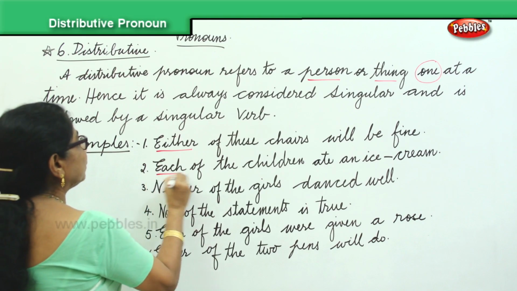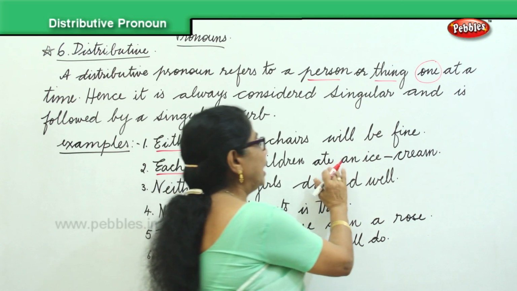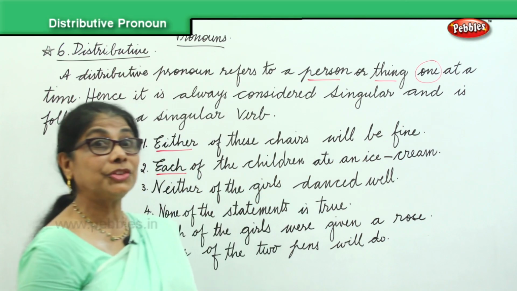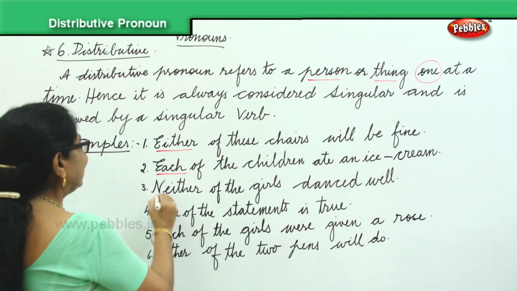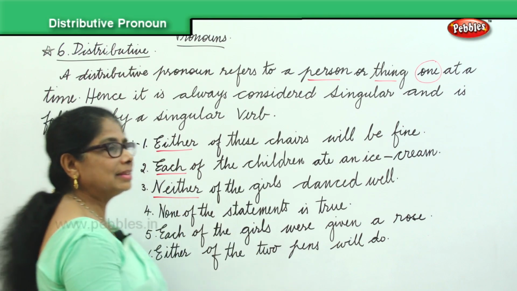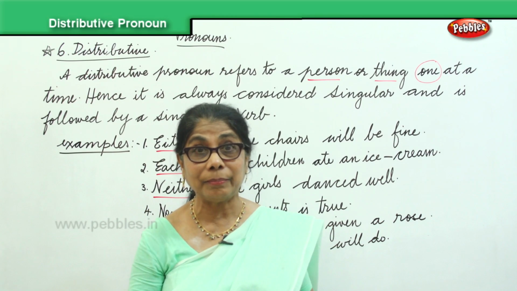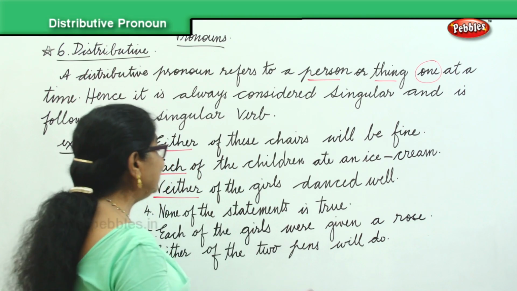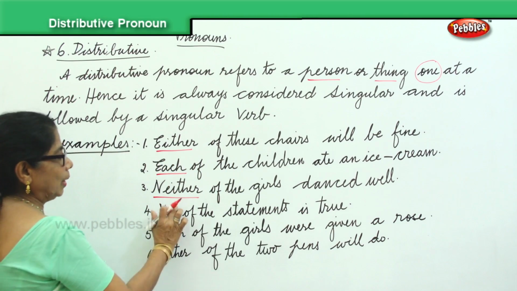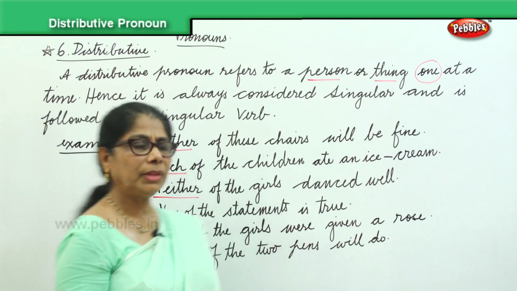Each of the children, maybe there are 5 children there. Each child ate an ice cream. Neither of these girls danced well. Let us say 7 girls are there. Neither of them, not one girl danced well. Then, none of the statements is true.